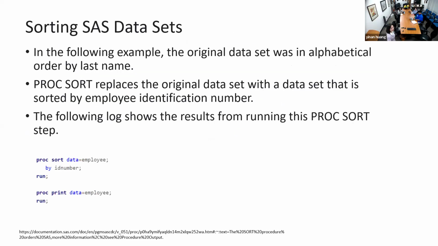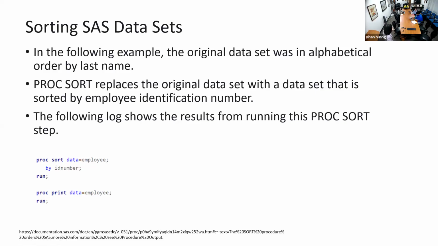Now, let's see what the sorting procedure looks like. This is really the basic sorting procedure. If we open this one, we can look at more enhanced functions, but this is the basic. Here there's just a sorted data set named employee. This is actually the one-level data set we mentioned.